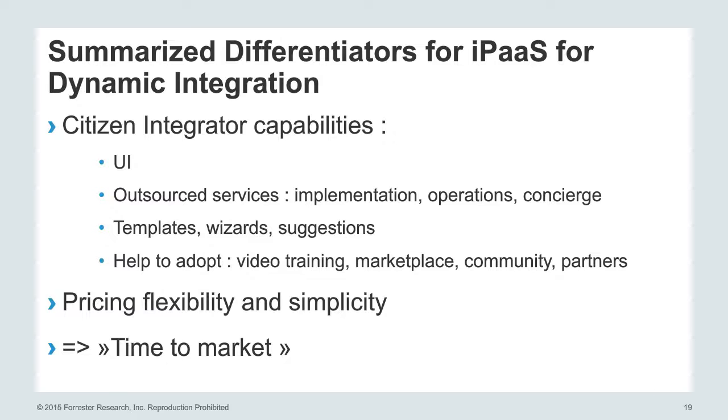So I talked a little bit about outsourced services, which should be provided by either the vendor or the partners, but it could be also all the small things like video training, a marketplace for already prepared integration, and sharing that integration with a community, or sharing that with partners, or getting that with an associated price on the marketplace.